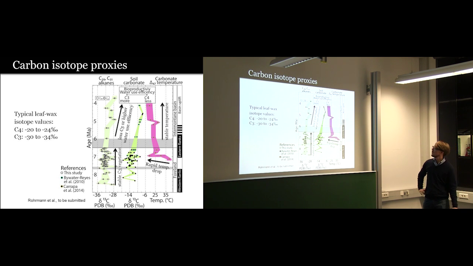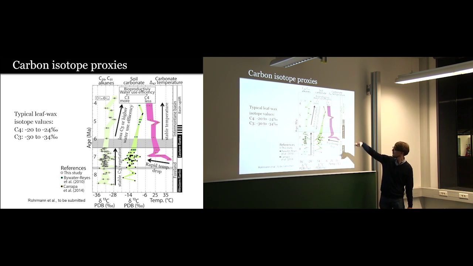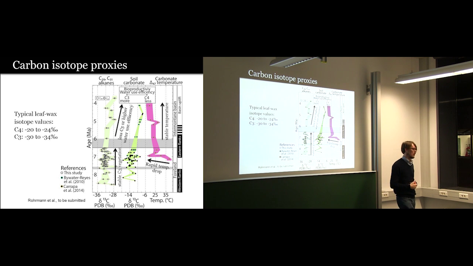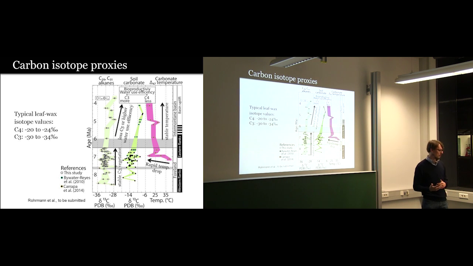At the same time, I haven't talked about it here, there are also some clumped isotope temperature estimates, and I will not go into the details, but this is just confirming what we already see. You see a temperature drop right here, and then quite low temperature, similar to what is observed in the intermontane basin zones today in the area.